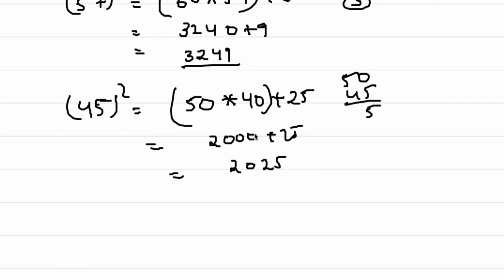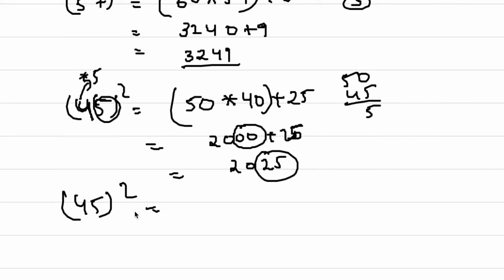So the trick here is that when you take the nearest number to any number ending with 5, it will always contain two zeros in the end. That's why the square of 5 will come as it is, and the number previous to this 5 is multiplied with the number which comes next in counting. Because whatever you do, if you do 45 square like this, the nearest number is 40, so you have minus 5 from 45.